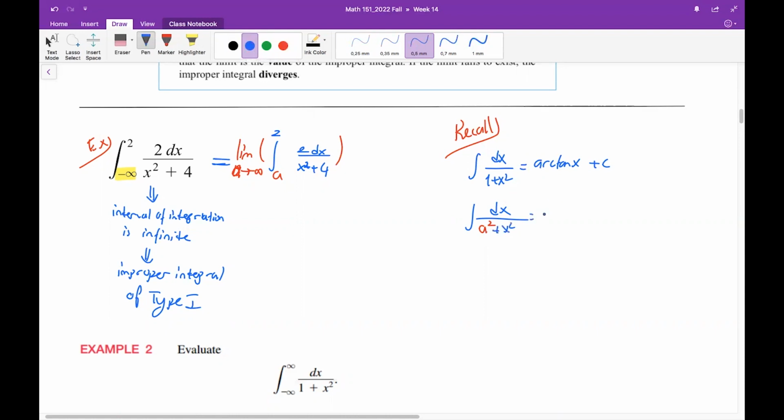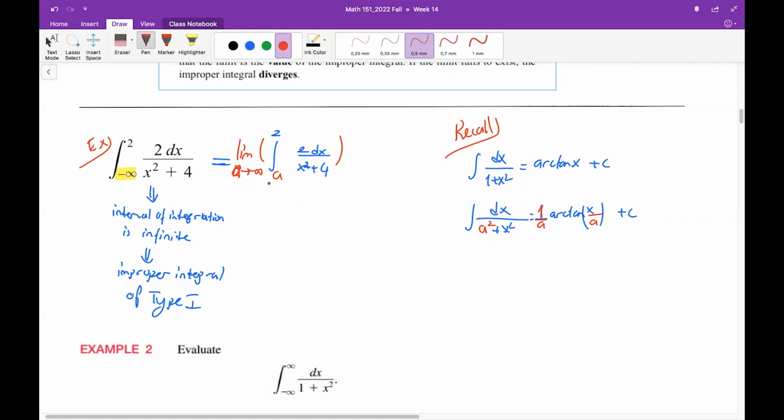Then the rule is, it starts with 1 over a, and then arctangent x over a. Okay, this is the result if you have a square instead of just 1 here.